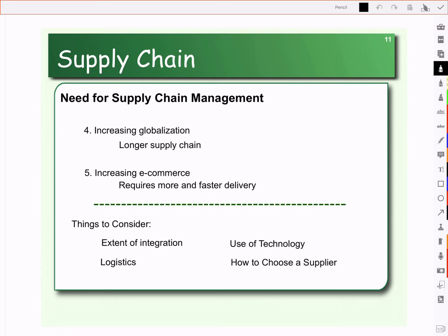So with globalization, the supply chains are getting longer. So you have more companies involved in your supply chain. When you buy raw materials from other countries, when you want to sell into a different country, you now need additional companies to be involved. And as the supply chain gets longer and longer, it's more important that it be well managed.